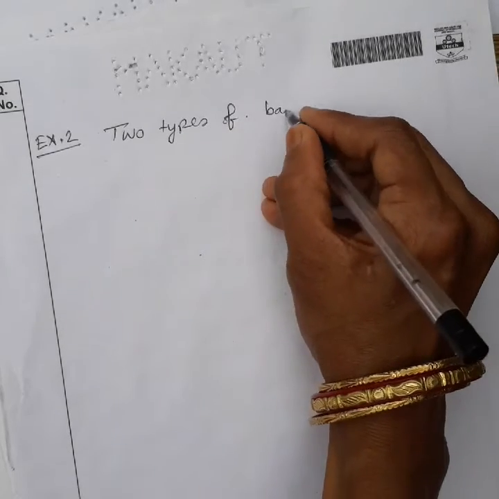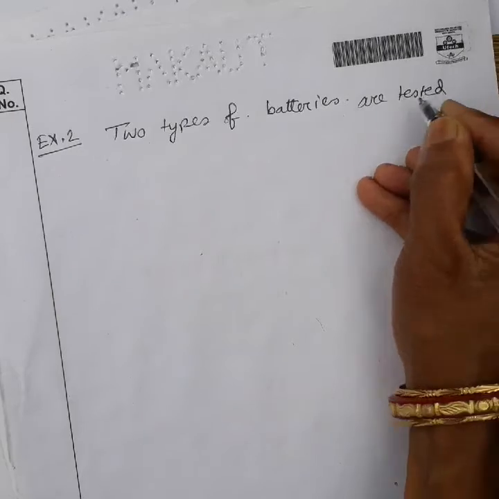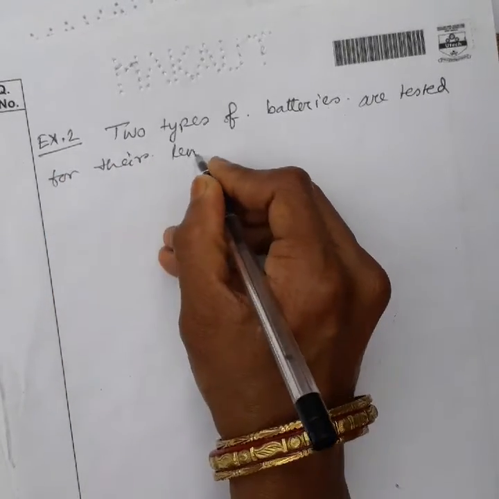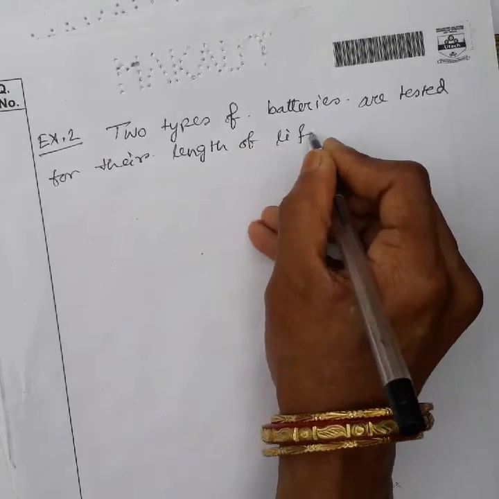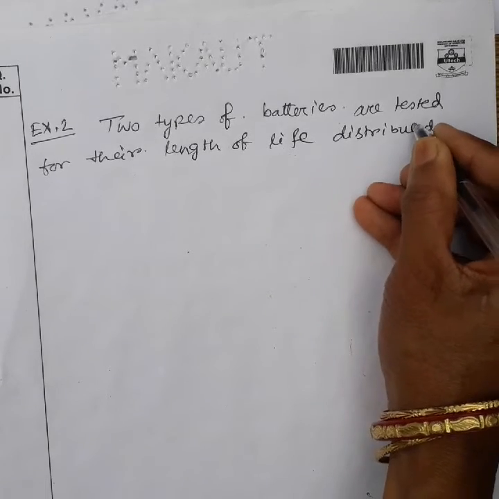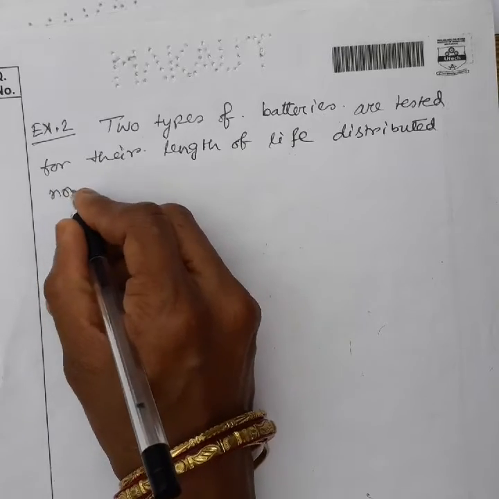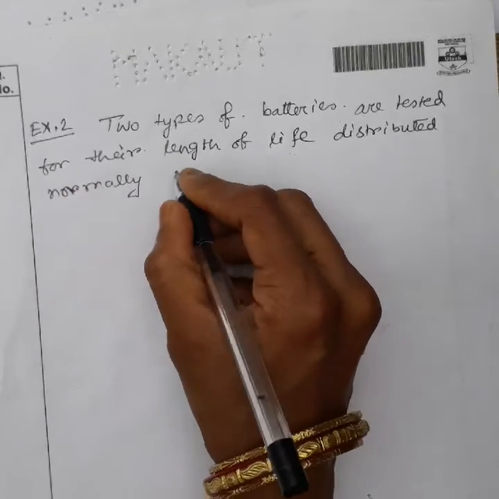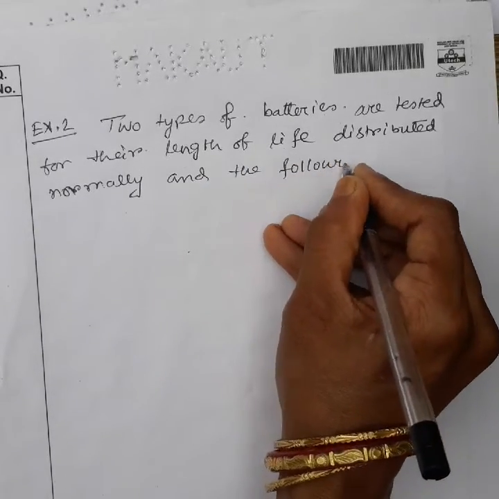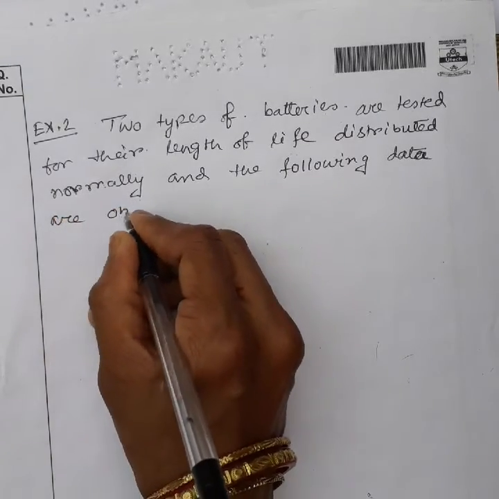Okay, so another example we have to see here. Two types of batteries are tested for their length of life, distributed normally, and the following data are obtained.